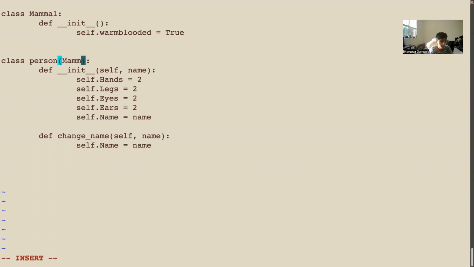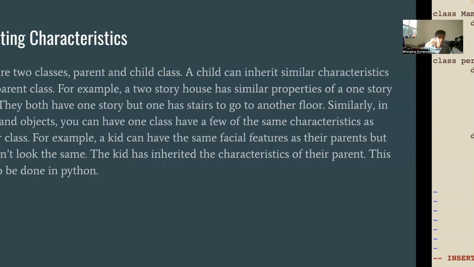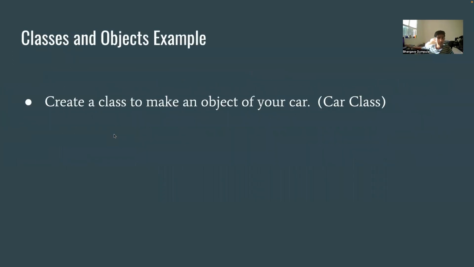So now class person will also have warm-blooded, because people are mammals. If we inherit the class mammal, which has all the things related to mammals, we can put that instead of duplicating it in both mammal and person. So this is one way to make it easy if you have multiple classes that are similar.